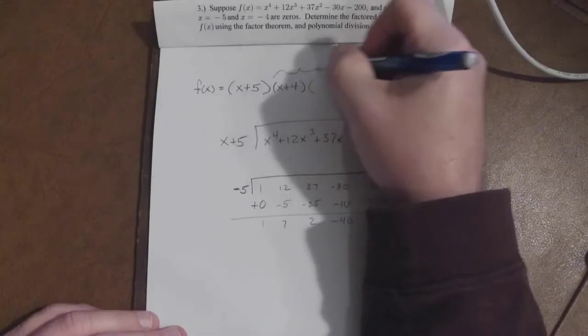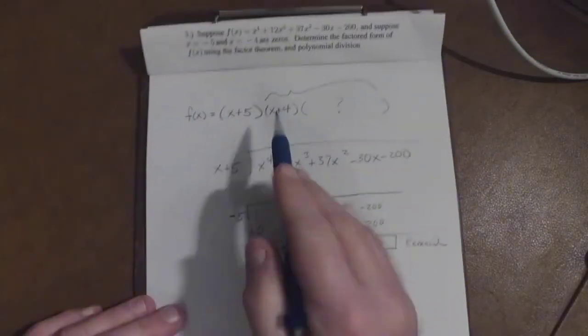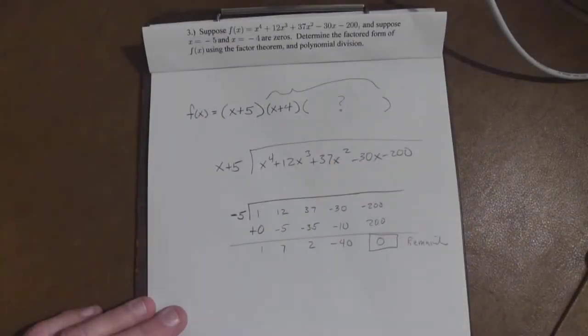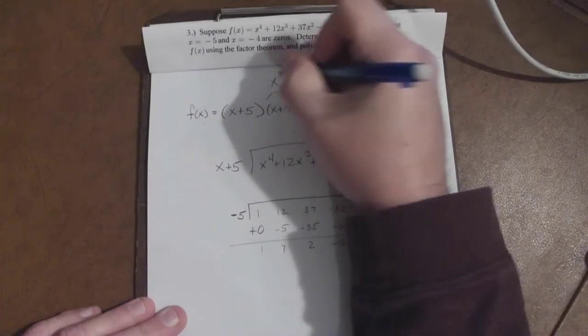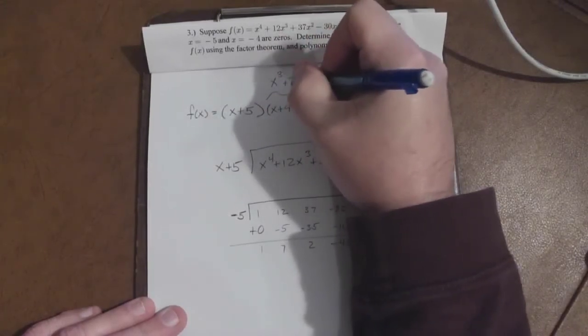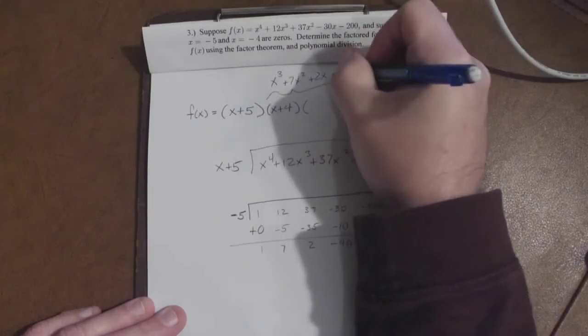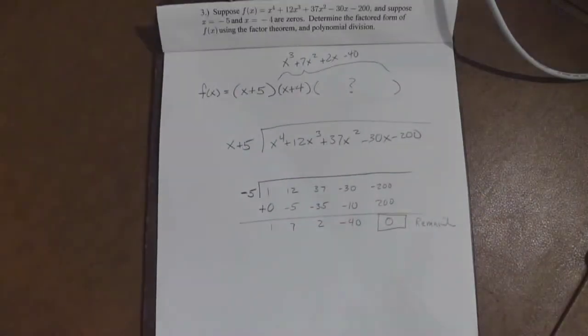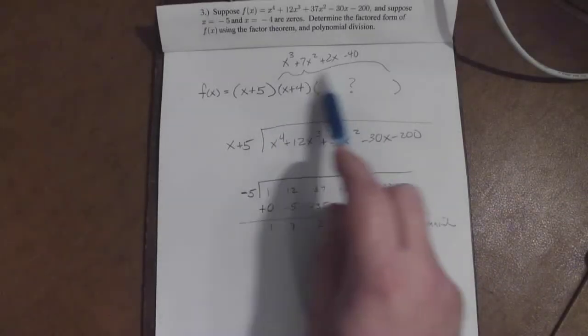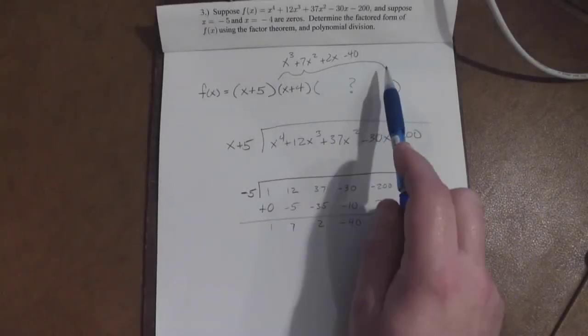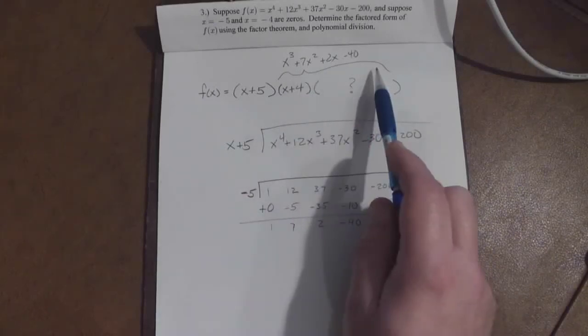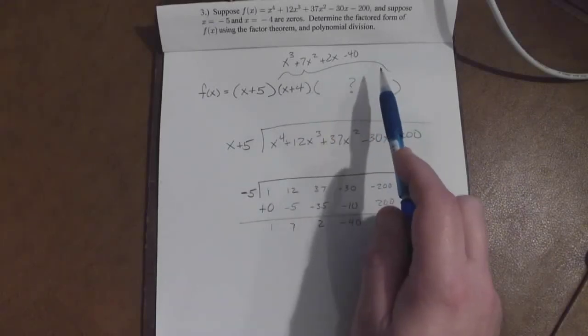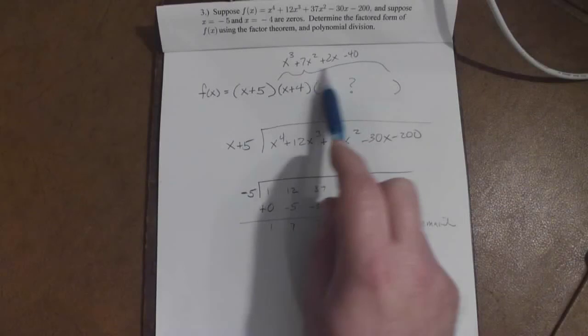Now, I will tell you that tells us this remaining portion up here, if we think about the x plus 4 and this unknown quantity, would actually be x cubed plus 7x squared plus 2x minus 40, where we would see that the x plus 5 would divide out evenly. That's why we have a remainder of 0, and these values here would become the coefficients of this reduced factor, what we sometimes call a depressed equation or expression.